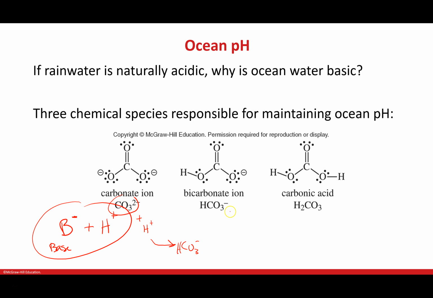I could go ahead and add an H plus to the middle guy, and then what it would form would be H2CO3. Now again, I'm doing one-way arrows, which is probably not right, but I think it works for this discussion. Probably 2 arrows, equilibrium. So that's how in the oceans, the presence of these dissolved in the oceans then accept a proton and make the oceans basic.